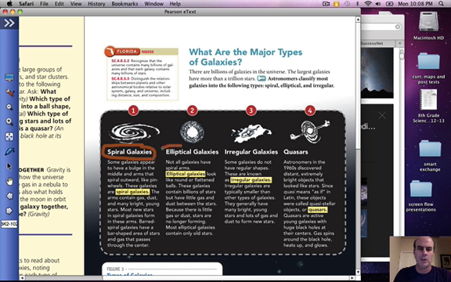There's also an elliptical galaxy. Okay, an elliptical galaxy is kind of football shaped. Sometimes you could describe it, they look like round or flattened discs. Okay, all right. Then there's irregular galaxies, which really don't have a defined shape.